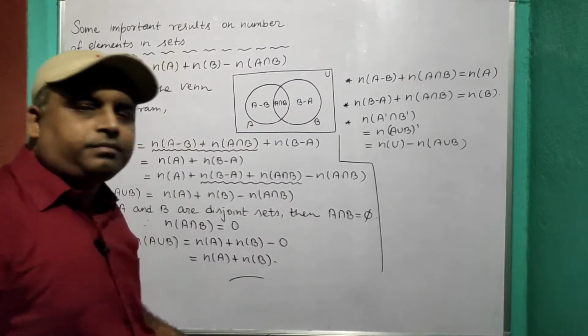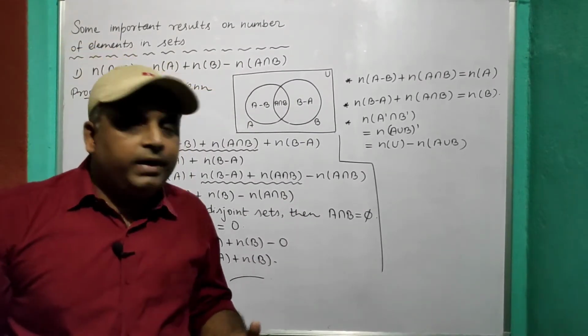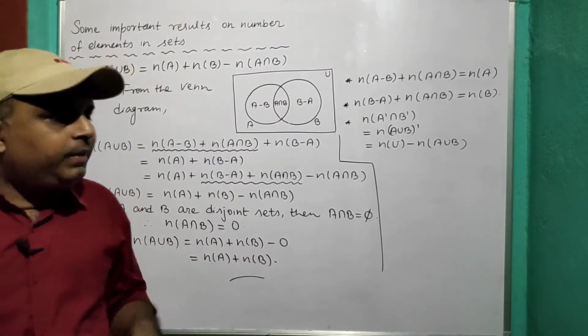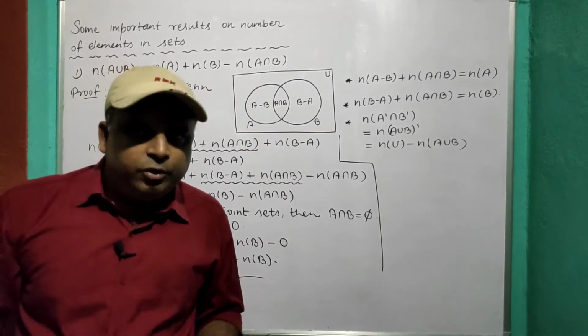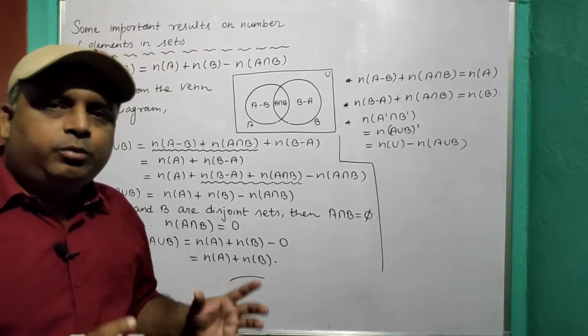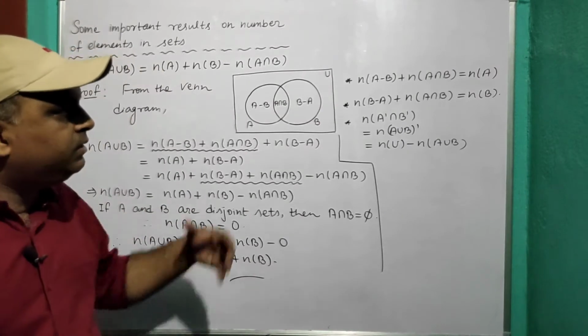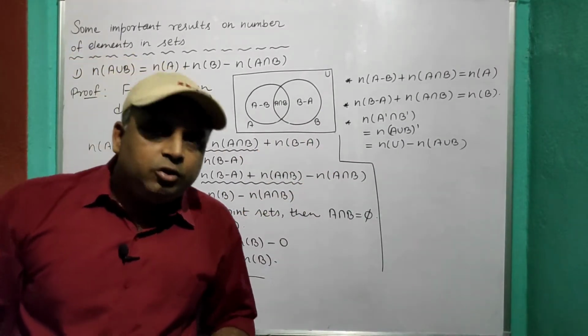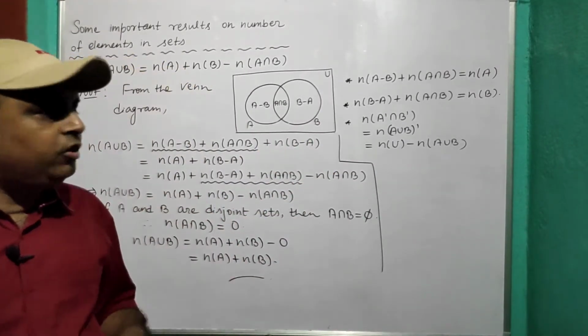Okay, and what is De Morgan's law, what is its proof? All this explanation you can see in other videos. I have already explained the proof of De Morgan's law, about union and intersection and the universal set. All of this has already been explained.